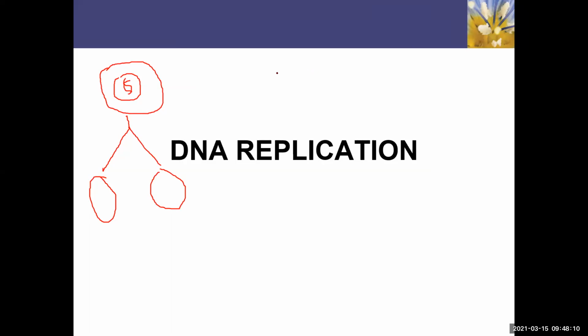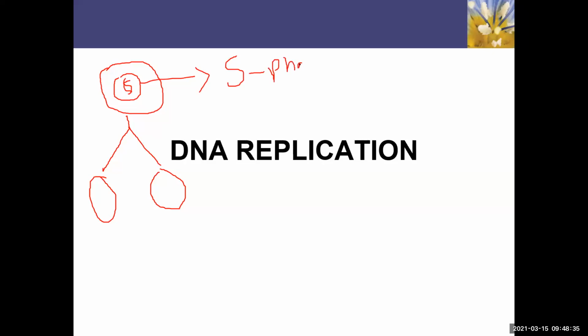So DNA replication will take place in which part of the cell cycle? Chapter number 3, last semester. Does anyone remember? S phase. Yes, in the middle of the interphase, it takes place in the S phase of the cell cycle.